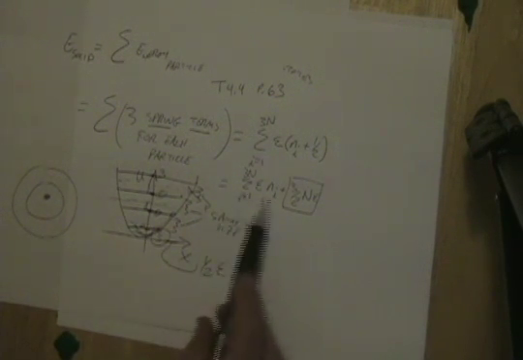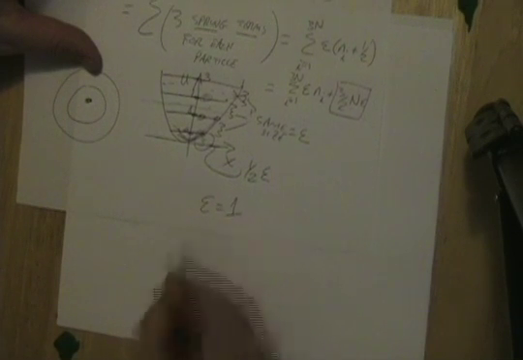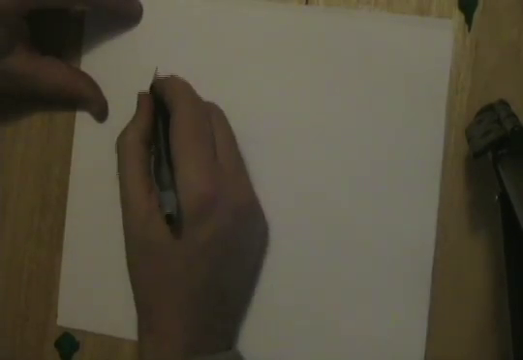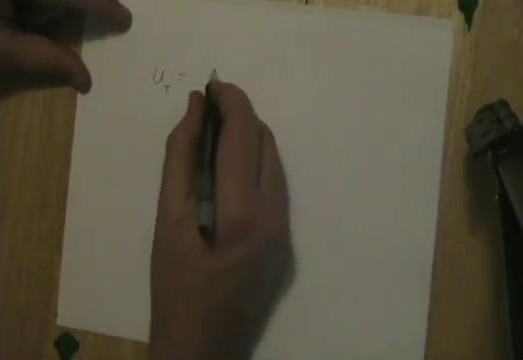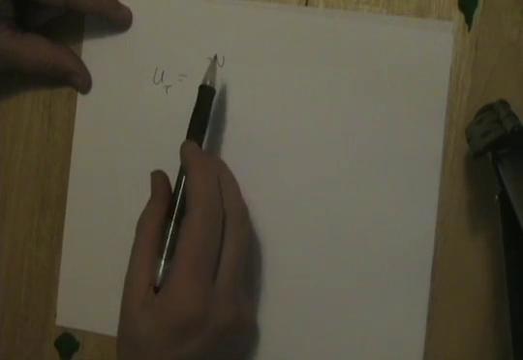And so we get a relatively simple expression. If you know what epsilon is, from now on, I'll just say that epsilon equals 1 to make my life easier. If epsilon equals 1, then the total energy that has a chance of changing is going to be the sum, i equals 1 to 3 times the number of particles.